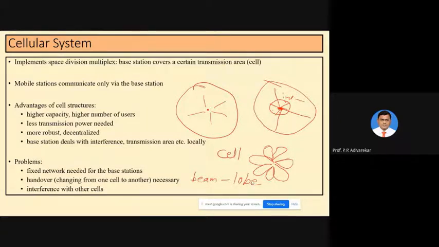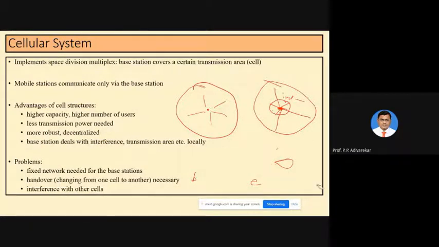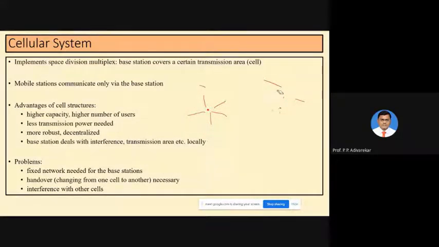Suppose we take a triangle as a shape. At the center we place the antenna, which may cover this region, and this region too, and each direction is covered by a beam.